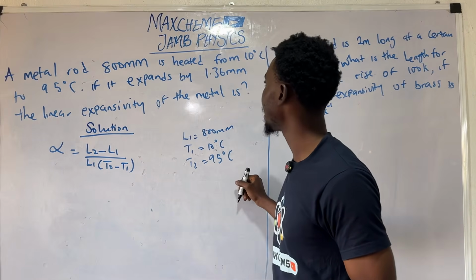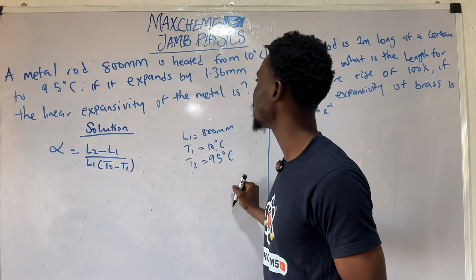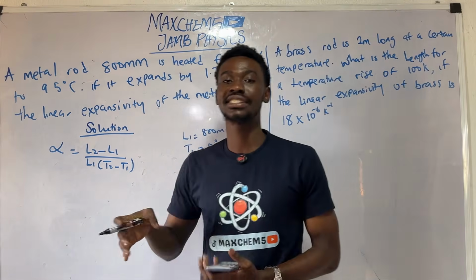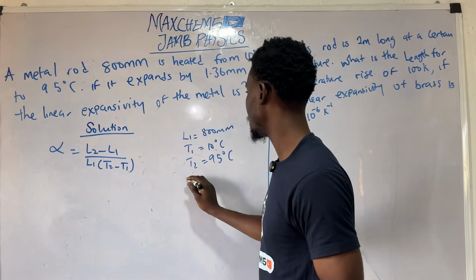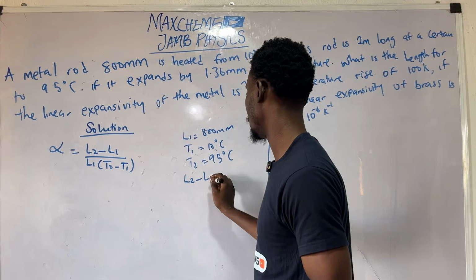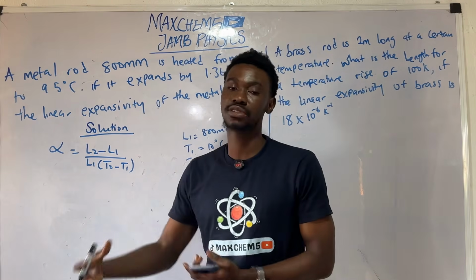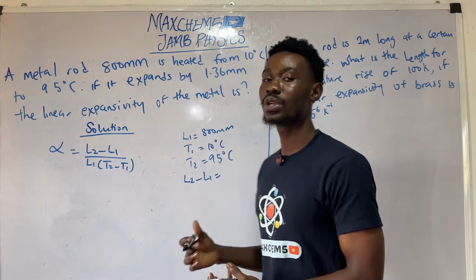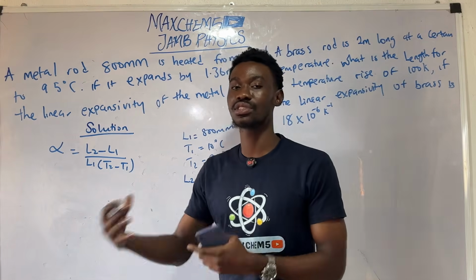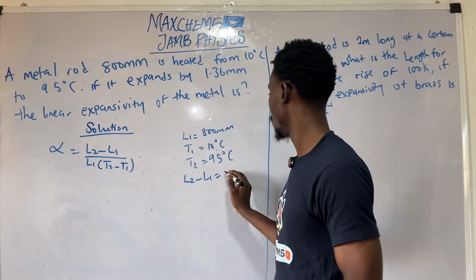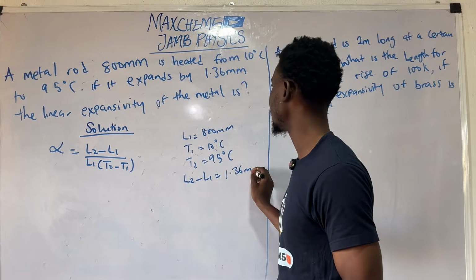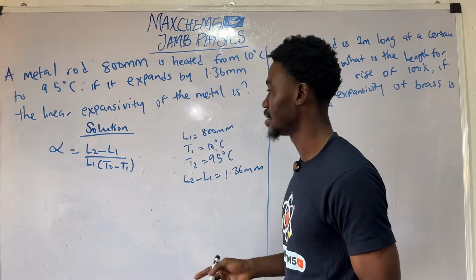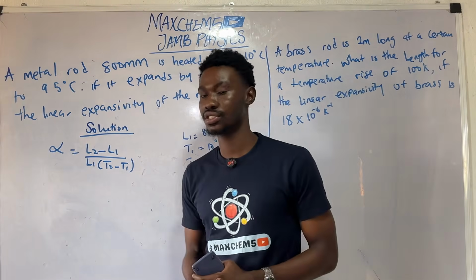If it expands by 1.36 millimeter, this is the quantity by which it expands, which can be given as L2 minus L1 because it is the amount of expansion. So when you subtract the old length from the new length, you get the quantity of expansion, which is 1.36 millimeter in this case. So we have all the parameters needed to solve this question.